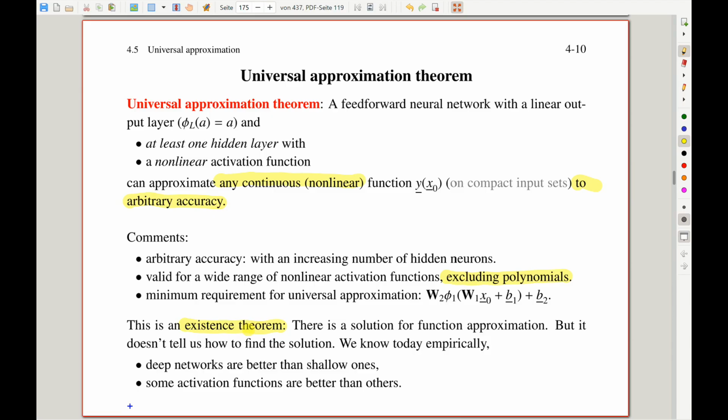It's an existence theorem, but does not tell you how to find it. It does not tell you how many neurons are required to find a solution, right? We are happy to know there is one solution, but we will be happier if we know how to find it and with which complexity.